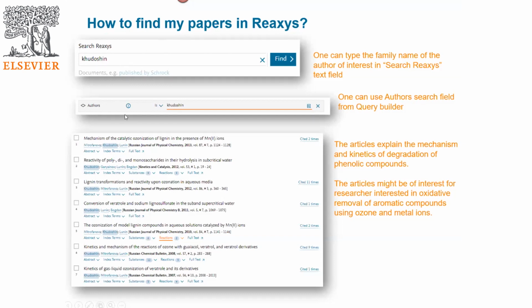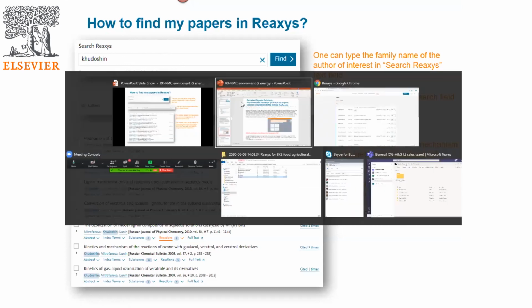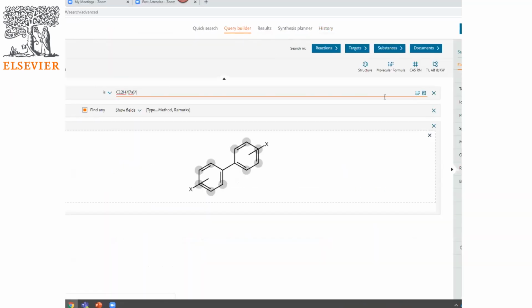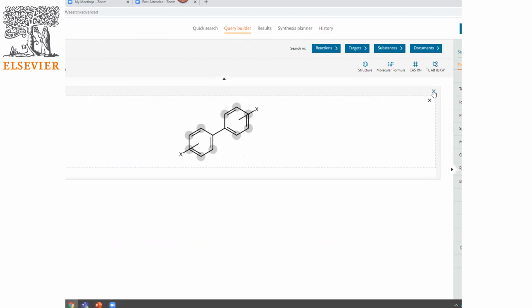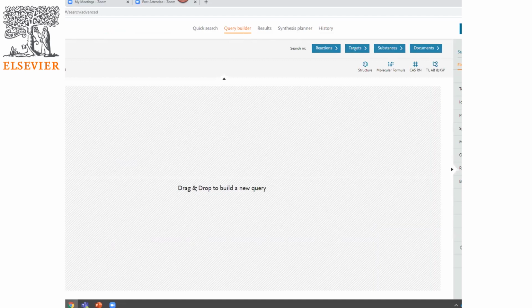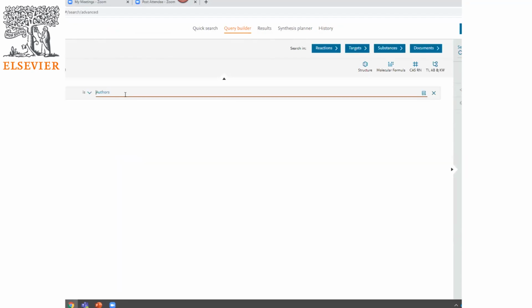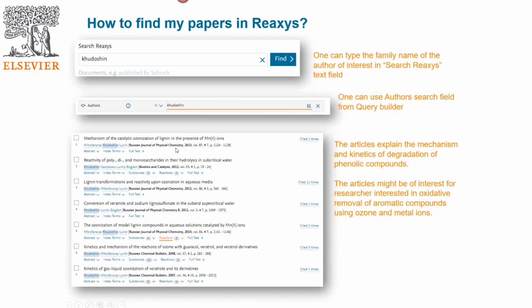It's strategy number 1. Strategy number 2 is to use the query builder and to use the author search field over there. So you can type something there, and you will get the result.